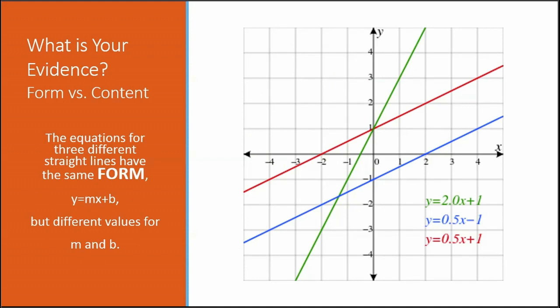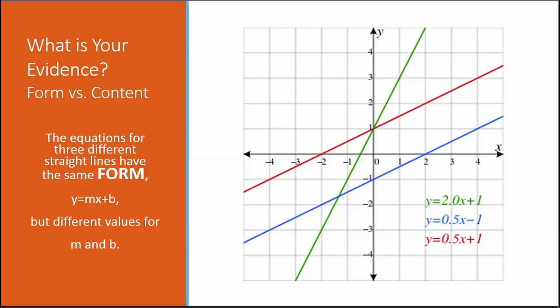Here's another example of something that has a form. Lines. So here we have 3 different lines, 3 different equations for each of the different straight lines. The equations for each of the straight lines, though, have the same form: y equals mx plus b. Each has the same form, but they have different values for m and b.